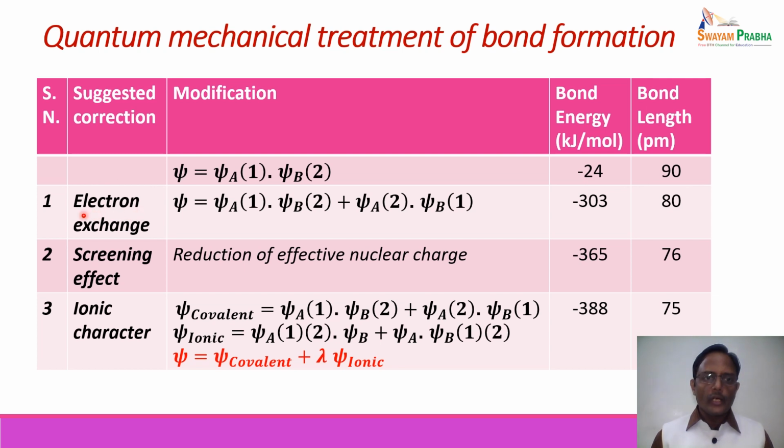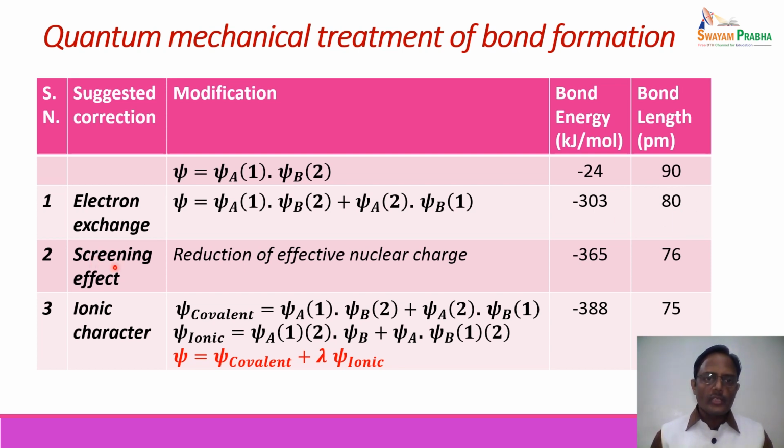Whenever we introduce the electron exchange phenomenon, where the electrons are getting exchanged between the two nuclei, then the bond energy decreases substantially to -303 kilojoule per mole with a bond length of about 80 picometer.